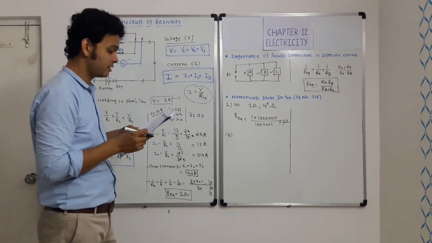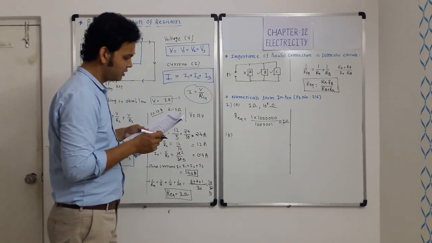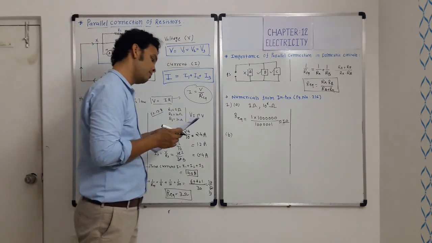Yes, three resistances, 1 ohm, 1000 ohm and 10 lakh ohm have been connected in parallel.